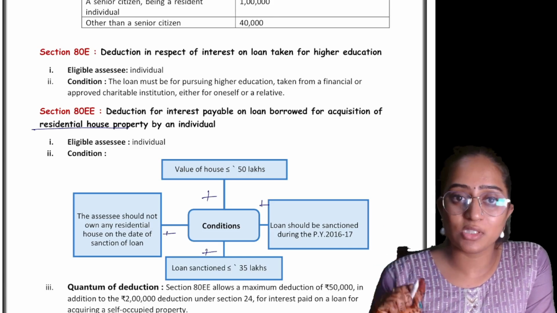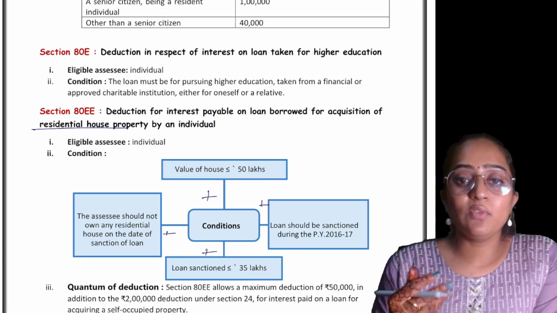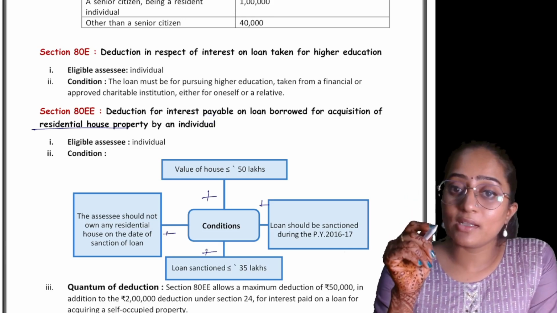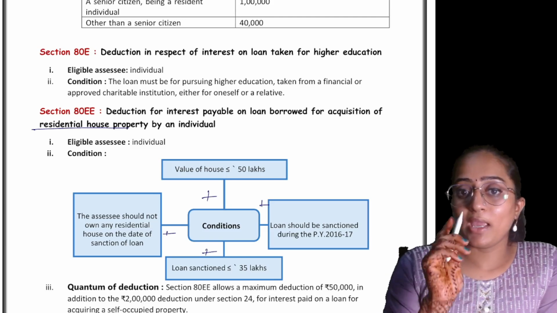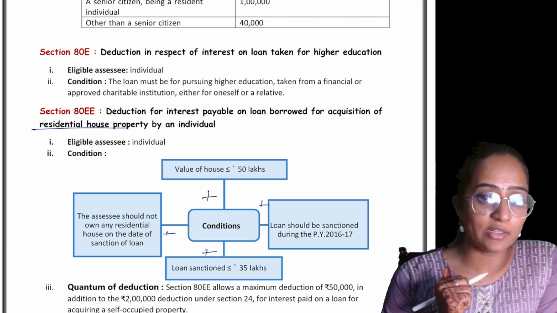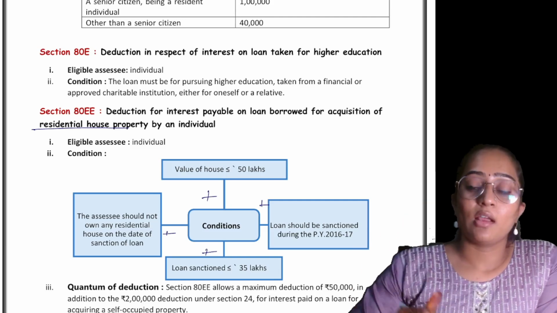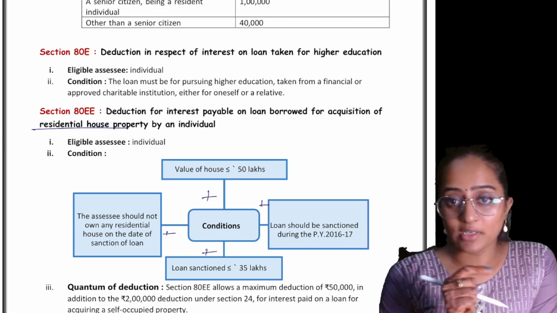You can watch those videos on my channel. Under section 24B, you get interest deduction under income from house property. For a self-occupied property, or let-out property, whatever is payable, you will get deduction. But in case of a second self-occupied property, you had restrictions, and based on satisfying all the three conditions, you were getting only 2 lakh rupees as your deduction.